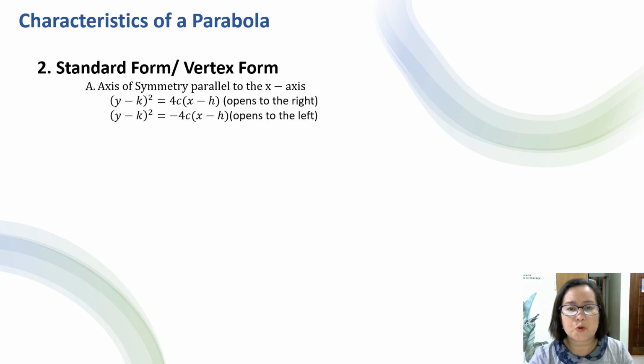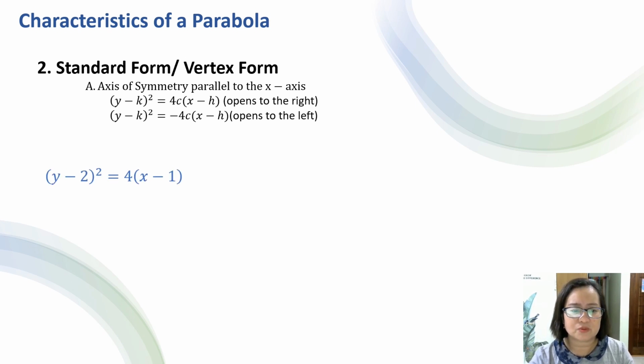When the parabola opens to the right, its equation is given by the square of (y minus k) equals 4c times the quantity (x minus h). On the other hand, when the parabola opens to the left, its equation is given by the square of (y minus k) equals -4c times the quantity (x minus h).